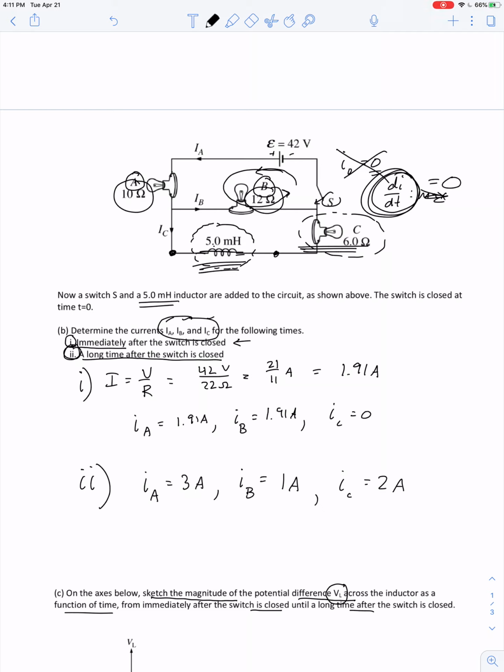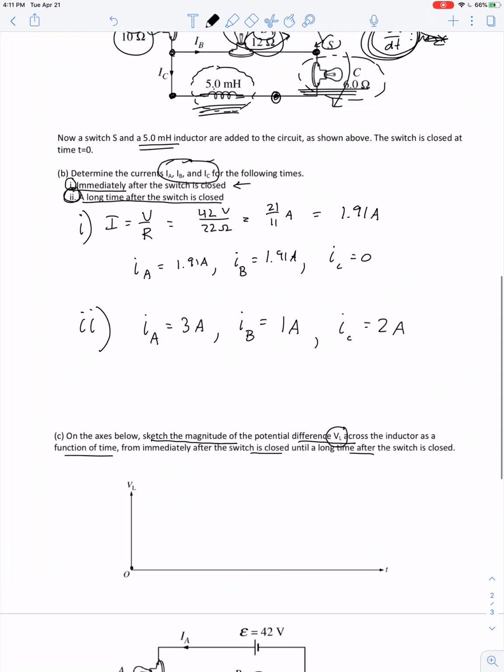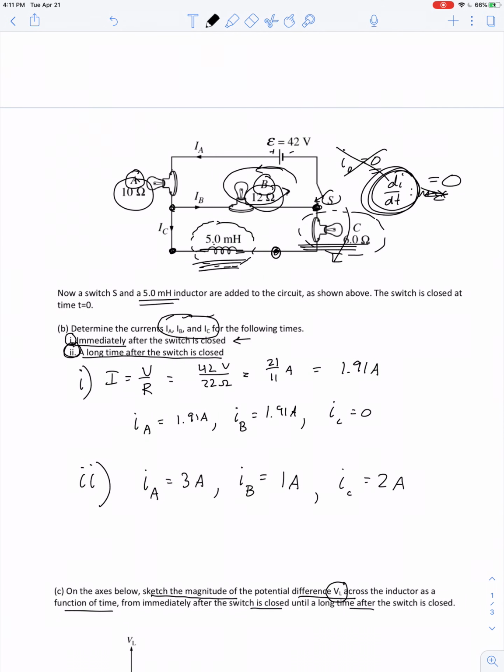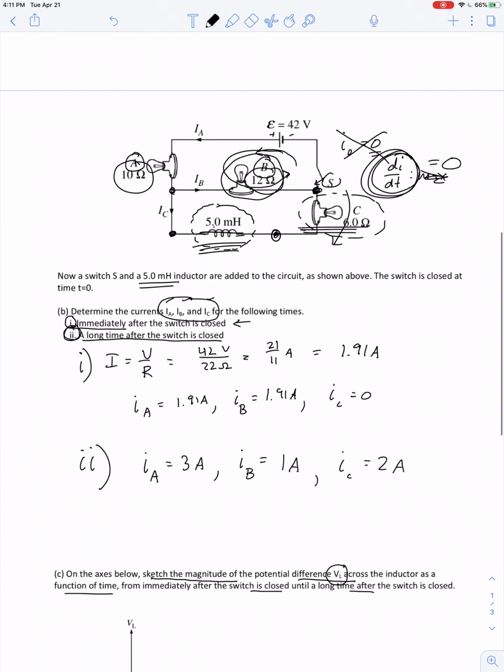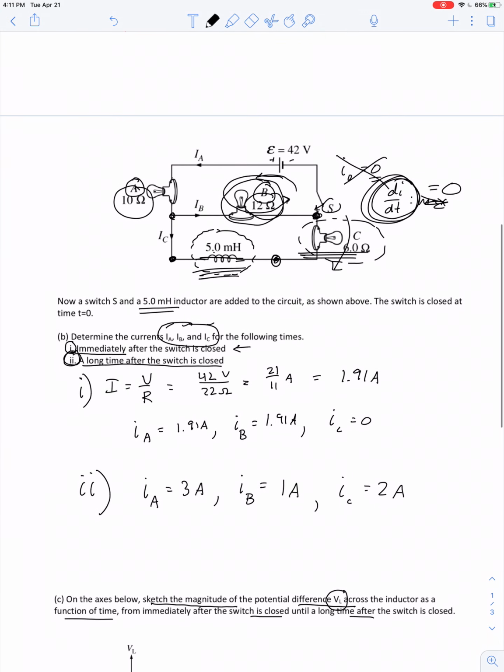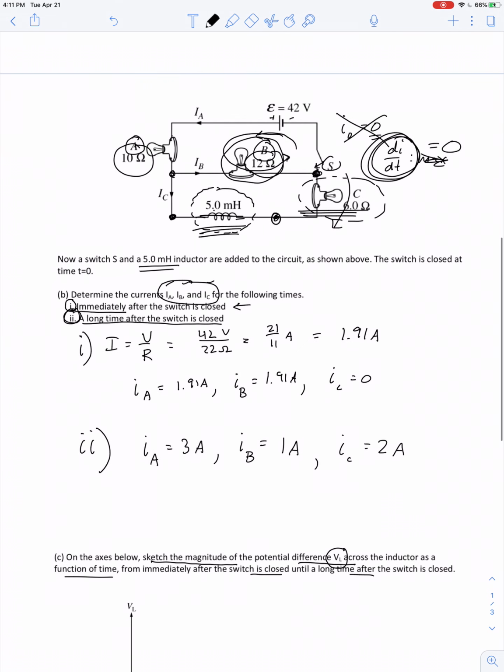Okay, well, if no current is flowing initially through bulb C, then the electric potential at this point is the same as the electric potential here. So I think what they're really asking is, what's the potential difference across light bulb B? And then after a long time, the potential difference across the inductor has to be 0. We know that for sure, right?